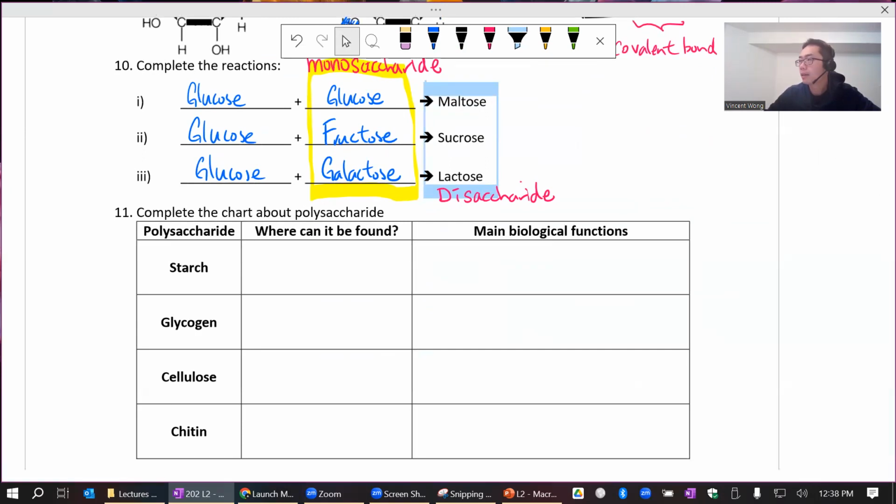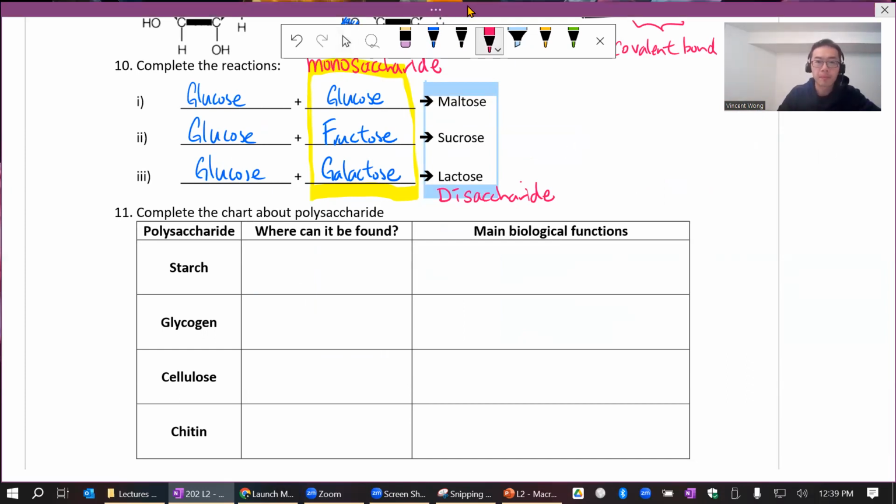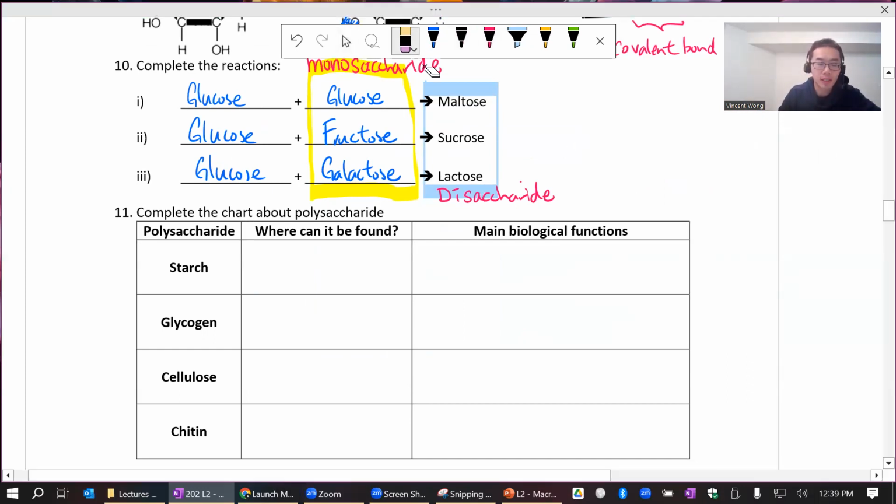Now we can connect multiple sugars together, and we're going to end up having a polysaccharide. So an example of polysaccharide would be starch, and we will find it in the stem or root of plants, right?